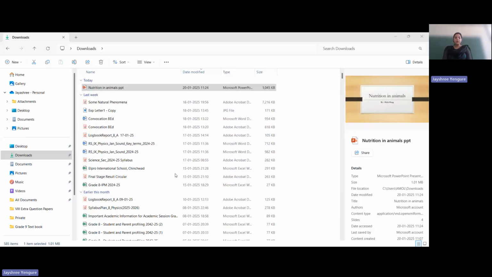And finally we studied the small intestine. So I hope it is clear how digestion takes place in human beings and which organs are responsible for it. In the next class we will be recording about digestion in the ruminants.